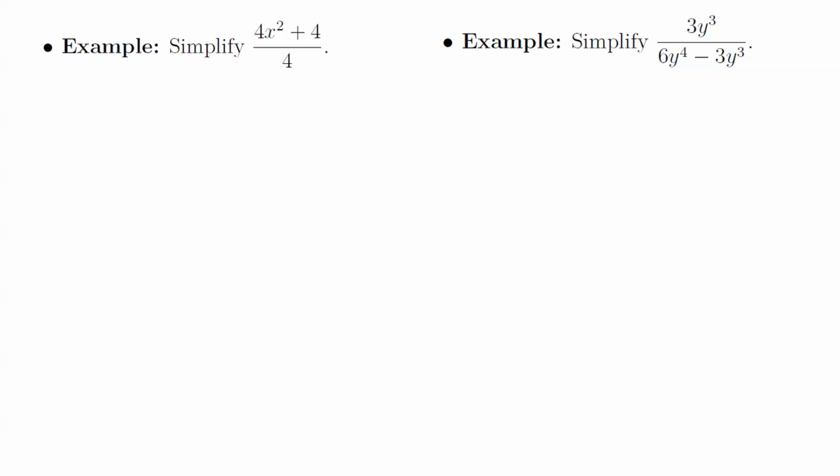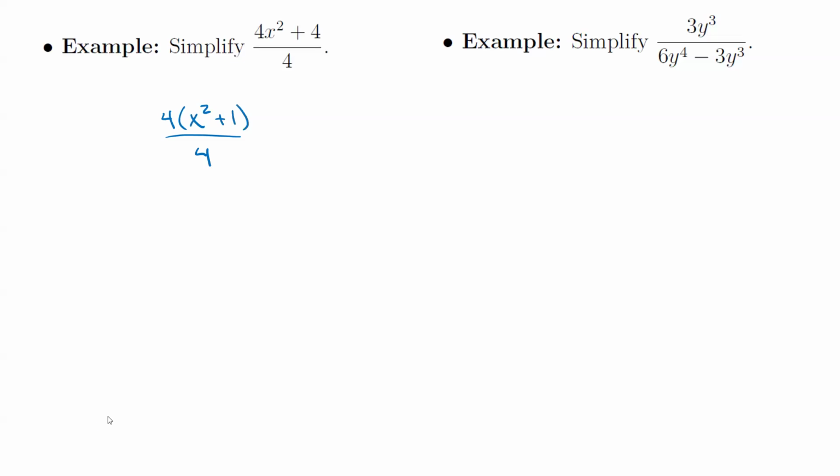So in these examples here, we're going to simplify 4x squared plus 4 over 4. So I can't even think about trying to reduce anything until I have the top and the bottom factored. Now, in this first example, the bottom one, there's nothing to do, right? So it's just going to leave that as a 4, but I ask, how can I factor the top? Well, we always think about easy factoring, right?